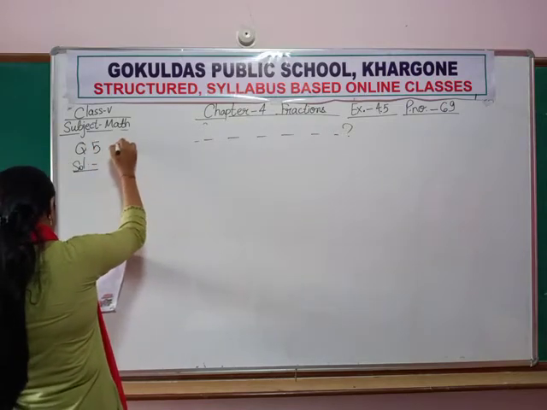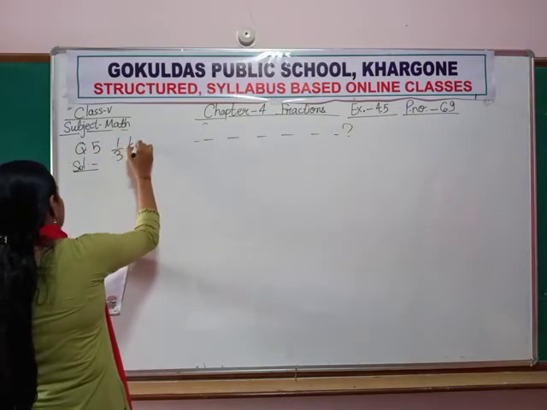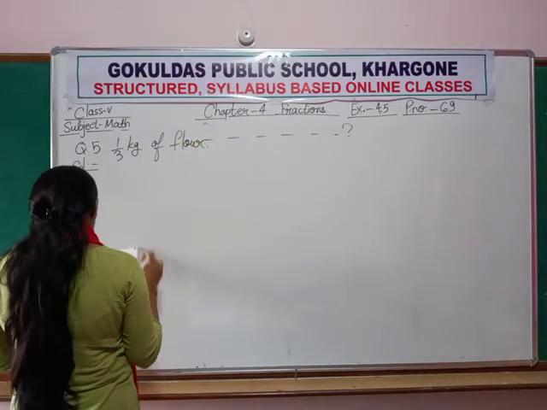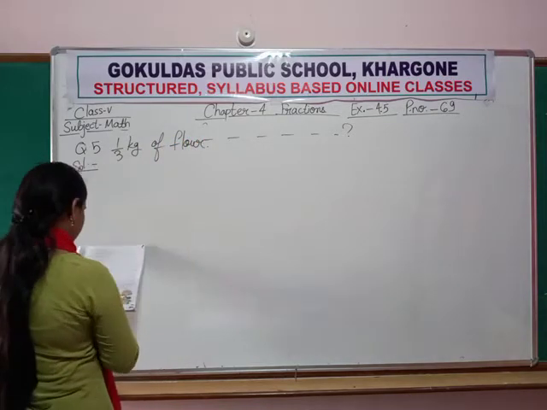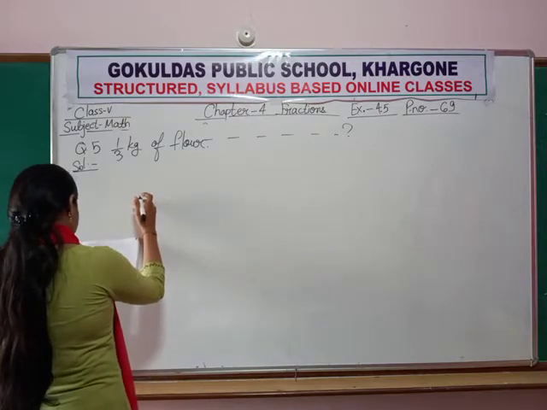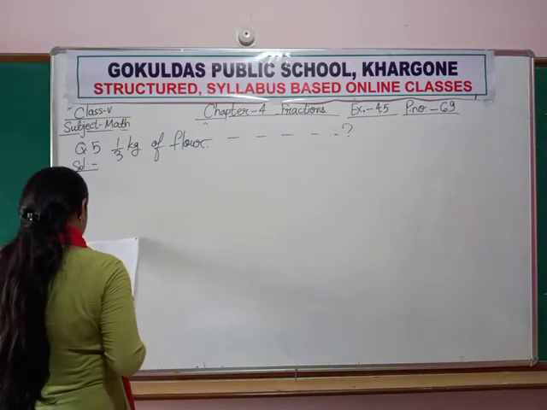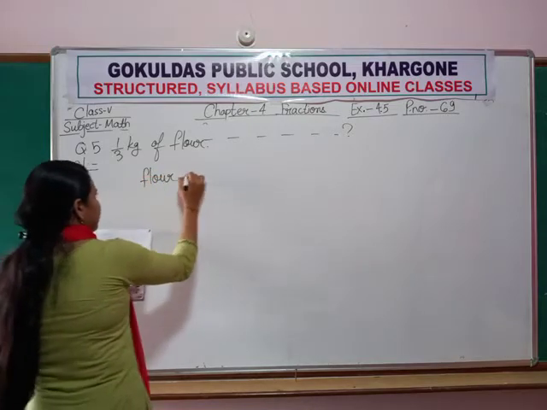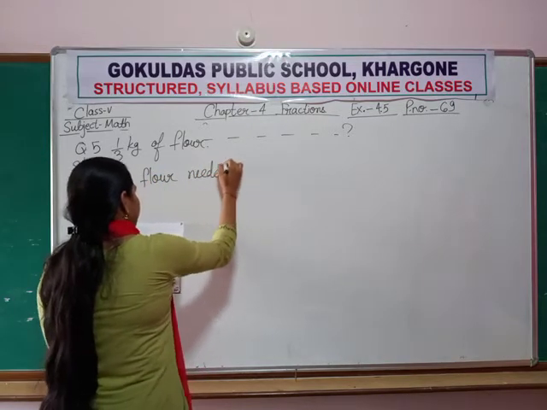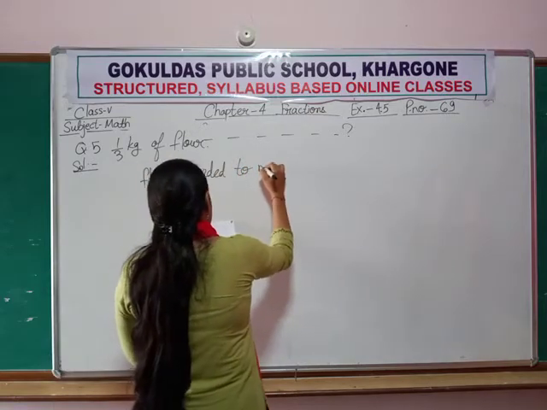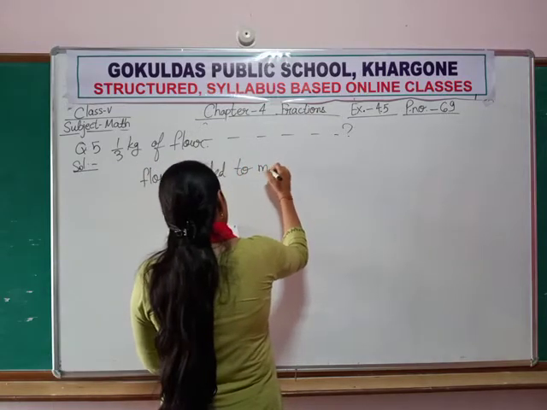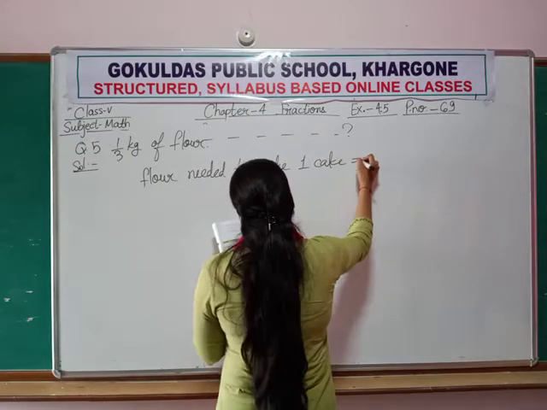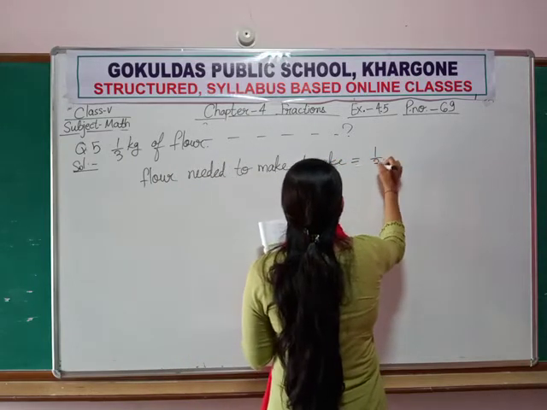Question number 5. 1/3 kg of flour. Flour needed to make 1 cake is 1/3 kg.